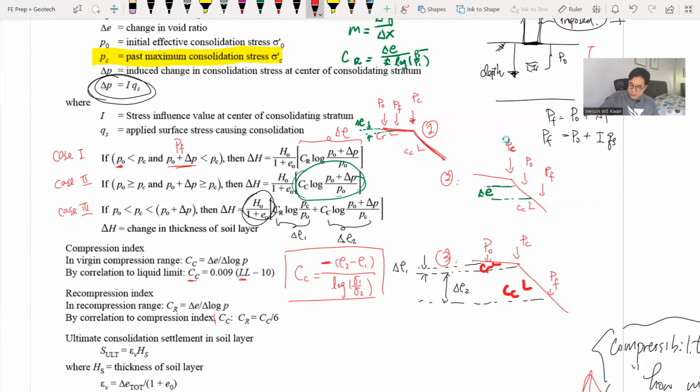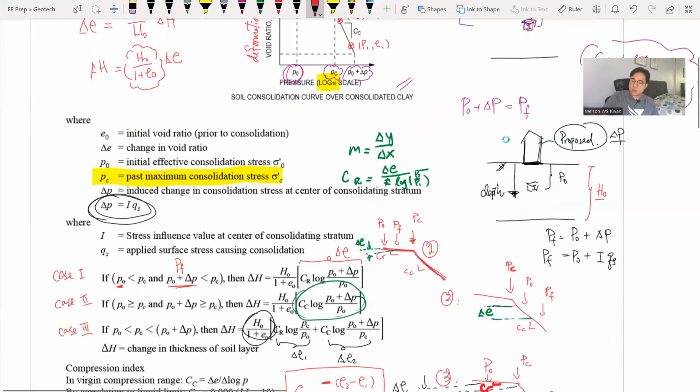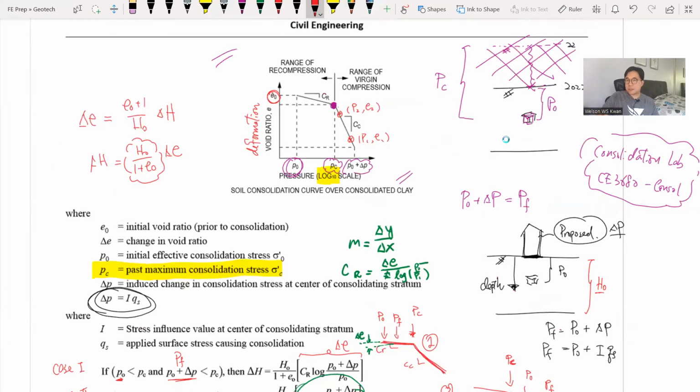Same as another formula here, if you're aware of rough estimations of the relationship between C sub R and C sub C. As you can see on the slope right there, and physically it makes sense too.